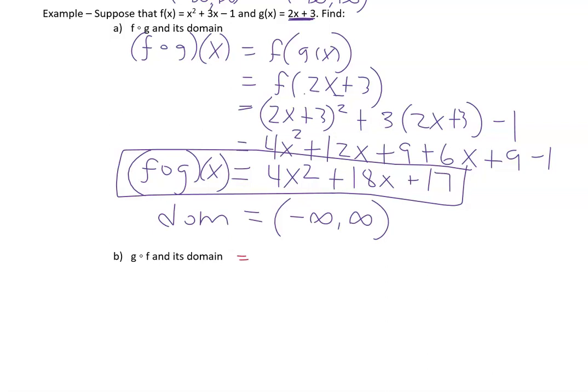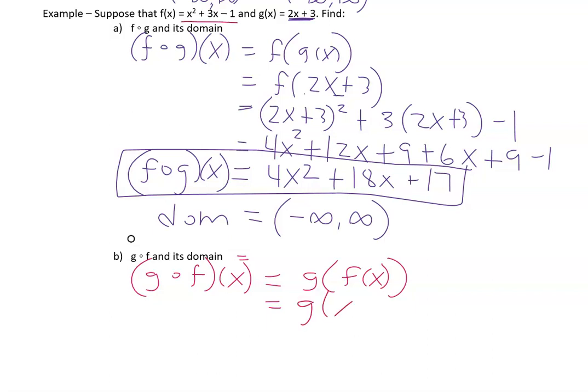So g composed with f of x is g of f of x. And what do we know f of x to be? It is x squared plus 3x minus 1. So we're trying to find g of x squared plus 3x minus 1.